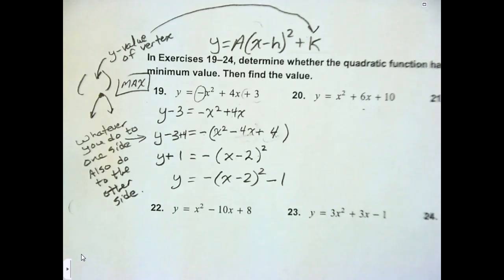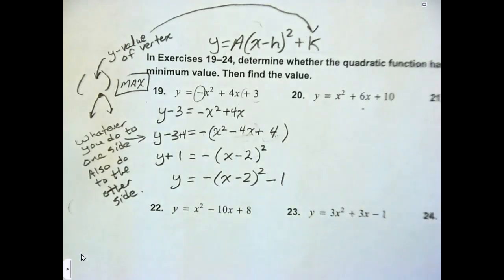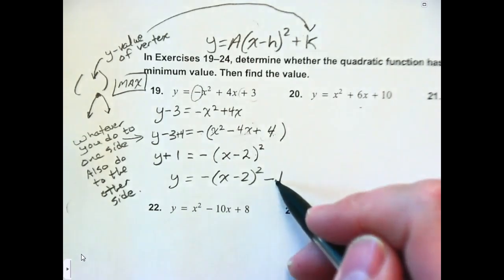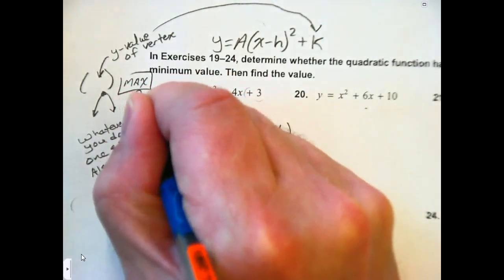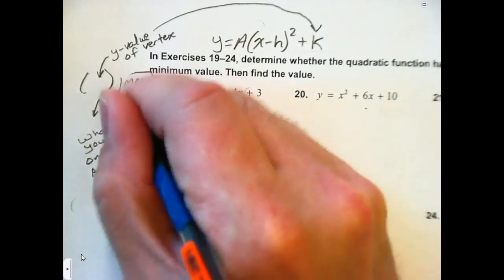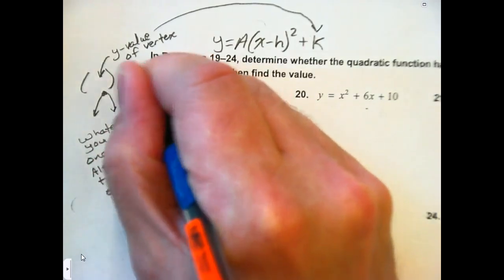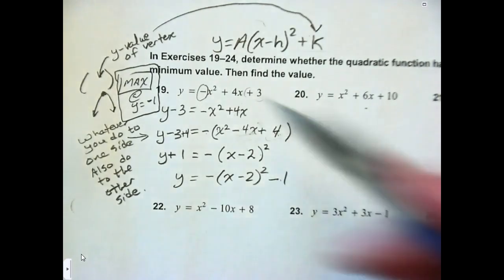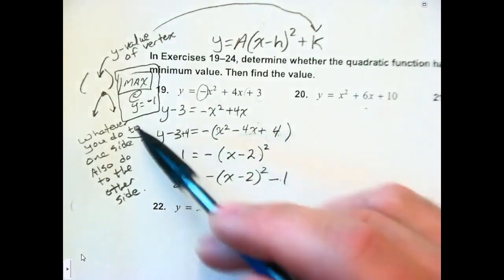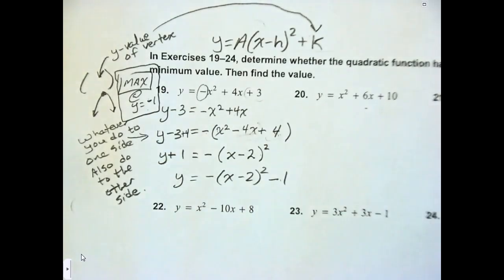What is your k term? It's negative 1. It's the thing back here. So this has a maximum at y equals negative 1. That is our solution. So it's easy to figure out if it's a max or min. We just think about which way it opens, up or down. Finding it, you have to go through the process here.